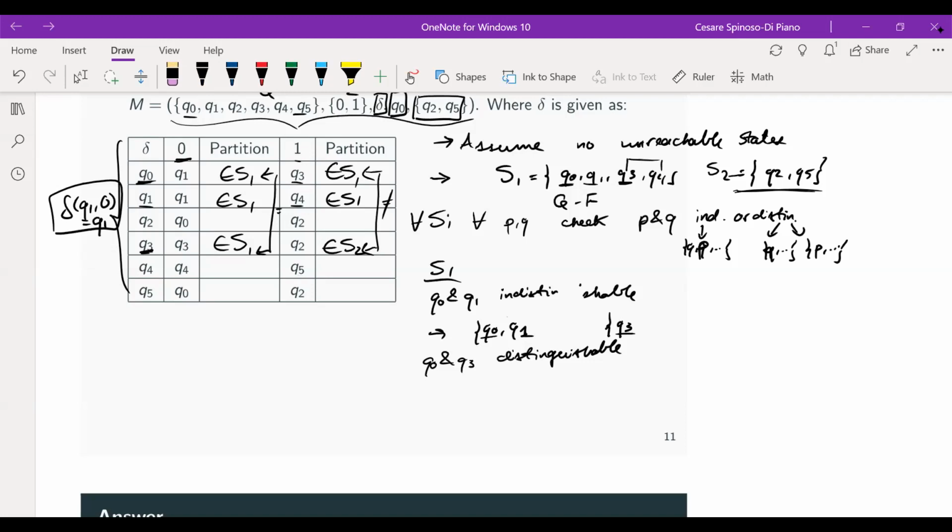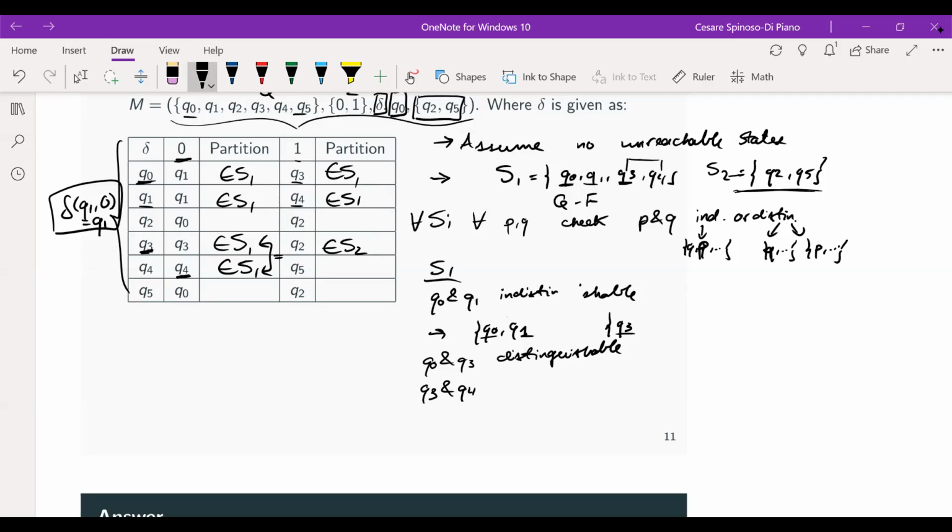Okay, so what I'm going to do is take Q3 and Q4. As I said, when Q3 sees a 0, it goes to S1, and when Q4 sees a 0, it goes to Q4, which is part of S1. So for the symbol 0, Q3 and Q4 go to the same partition.